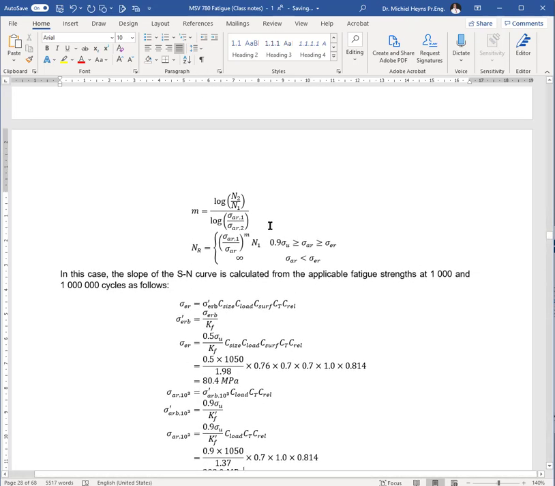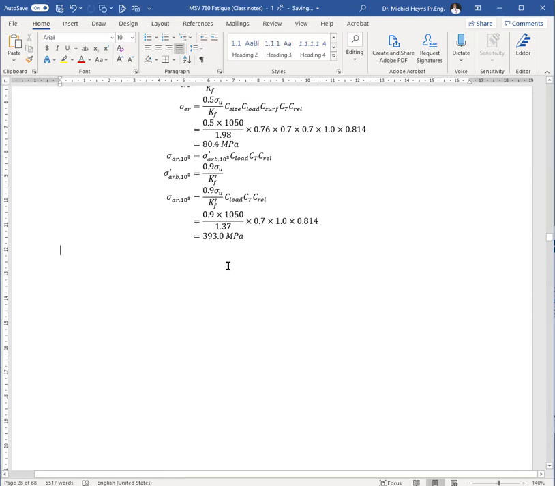Now I can calculate my slope. My slope can now easily be calculated.